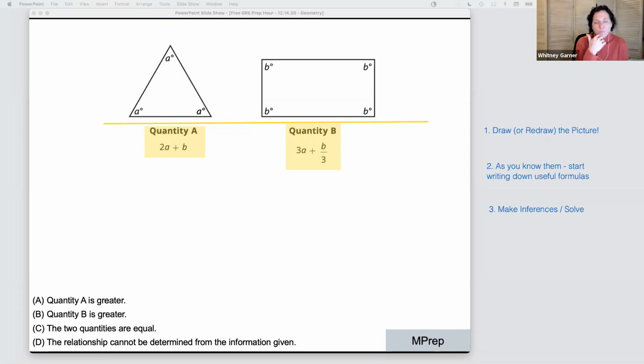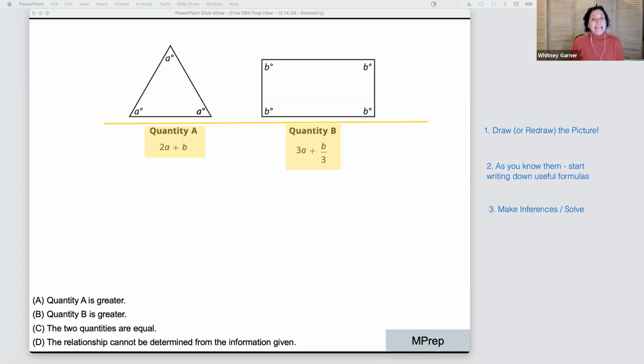What do I have to know? Okay, I do need to know some algebra. I love that. Yeah, I need to know how to plug in and simplify expressions.